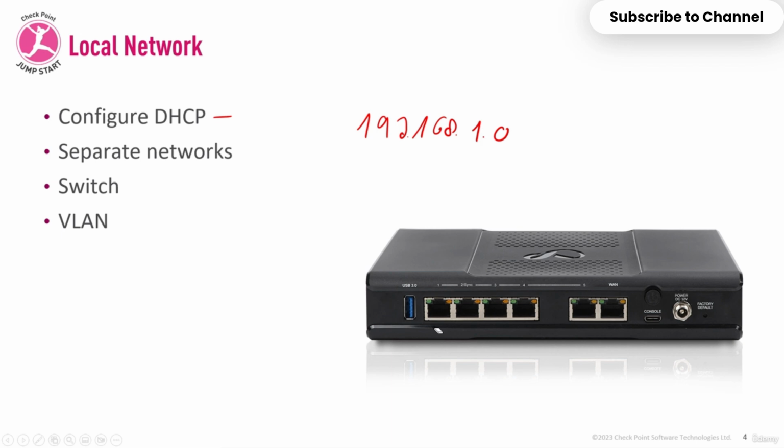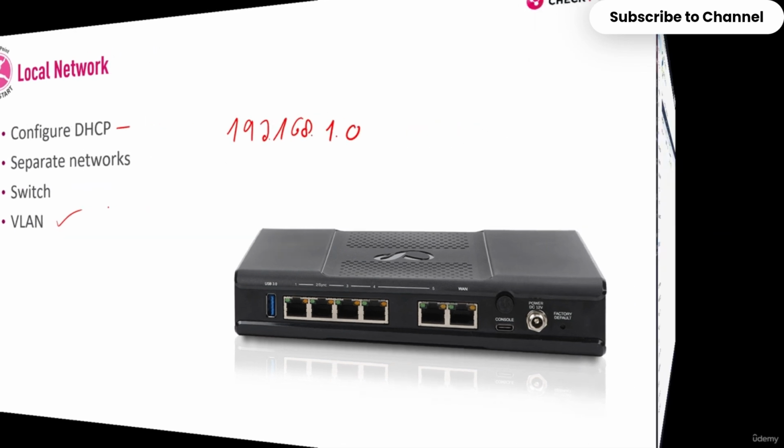On some of the devices, you can customize a specific port to act as a DMZ port or just another port on your network. The Quantum Spark can also support VLAN as well, so you can configure a VLAN interface if that's what you want to use within your organization.